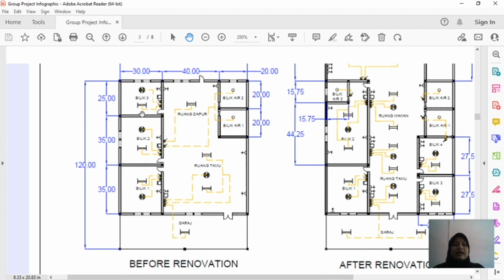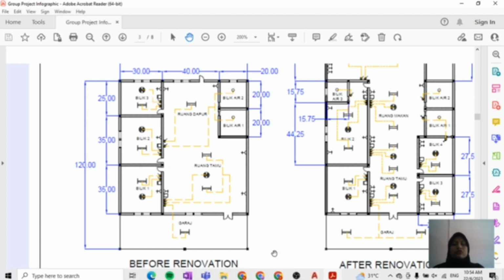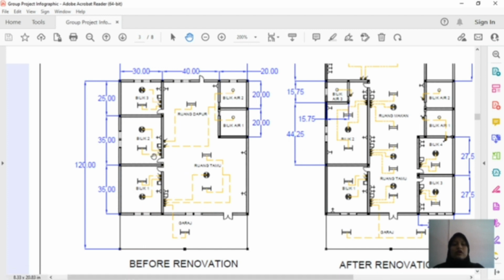In bilik 1, bilik 2 and bilik 3 have the same electric components, which is one unit of 2 tubes 38 watt channel luminaire, ceiling fan, socket, fan regulator and switch.